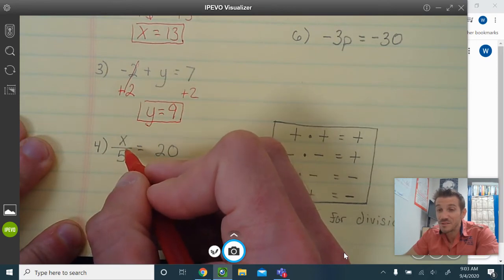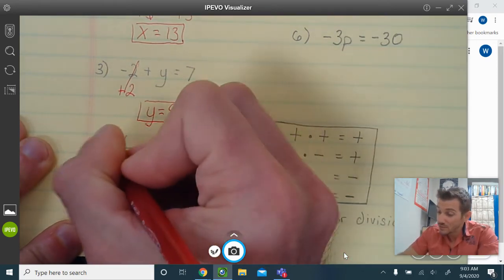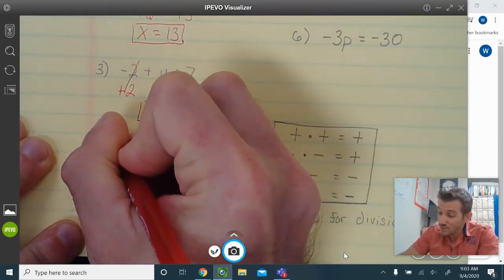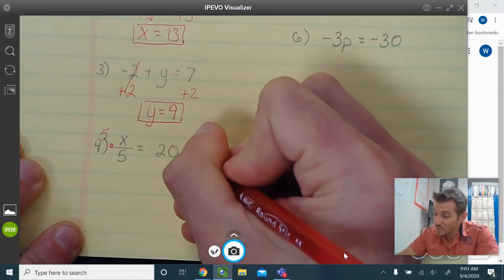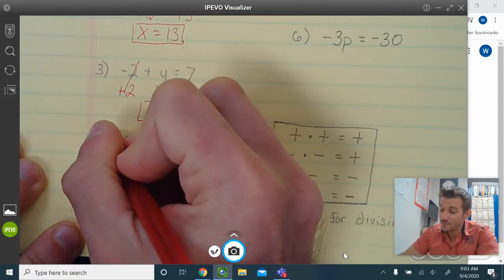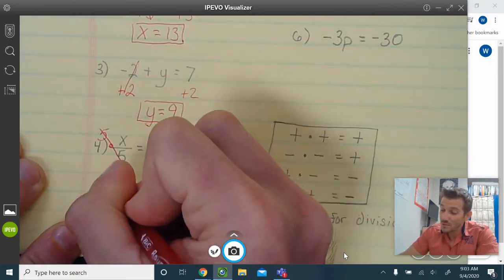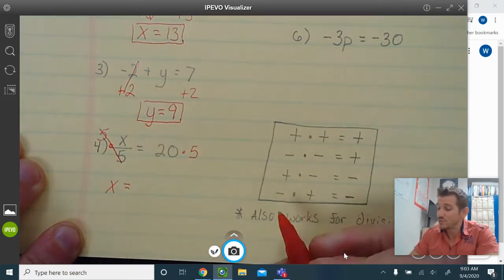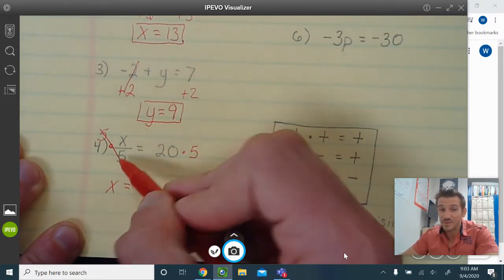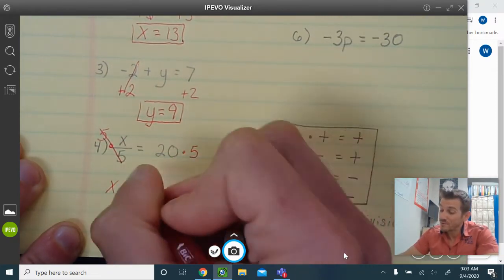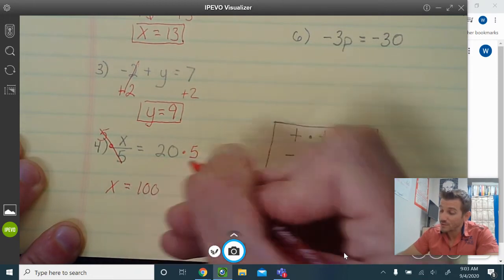So the opposite of division is multiplication. So I'm going to multiply both sides by 5. Again, what you do to one side, you must do to the other. We end up with x is equal to, the 5 and divided by 5 do cancel out, 20 times 5, which is in fact 100.